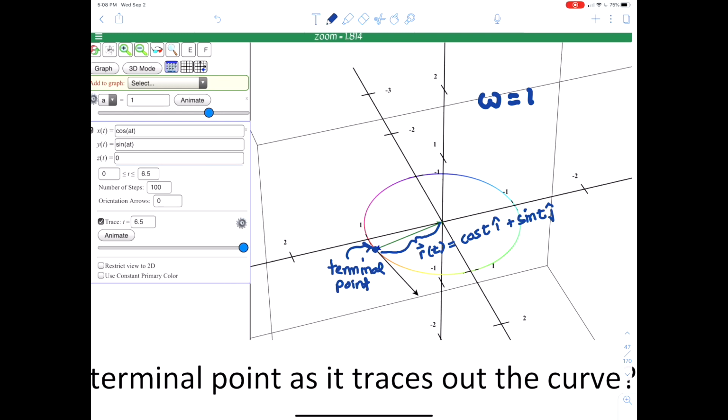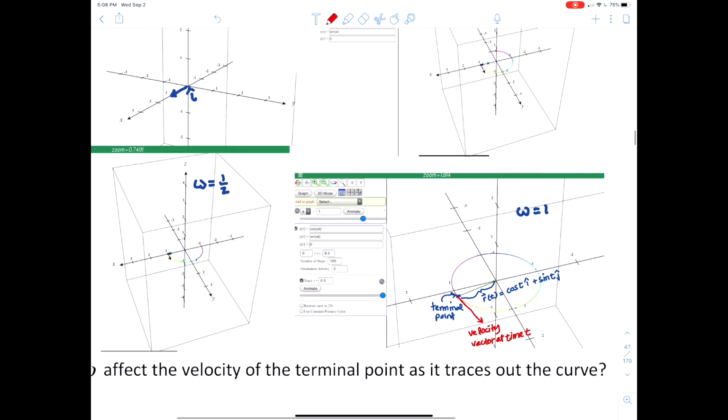Now, this one here is our velocity vector, velocity vector at time t. And so that's sort of a big picture of what we have going on.